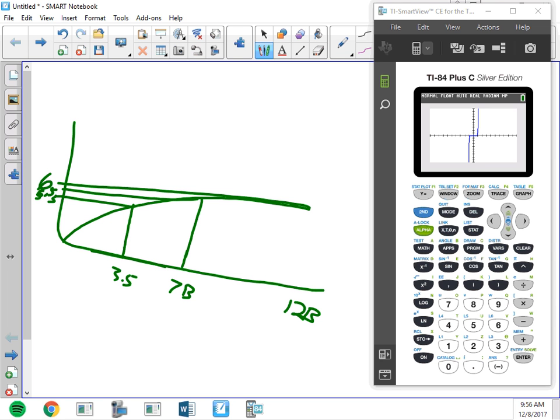So the difference between a 2 and a 3 might only be a small amount of energy. But the difference between an 8 and a 9 is a huge amount of energy. So it doesn't take as much power to go from 2 to 3 as it does to go from 8 to 9. And that's what logarithms do.